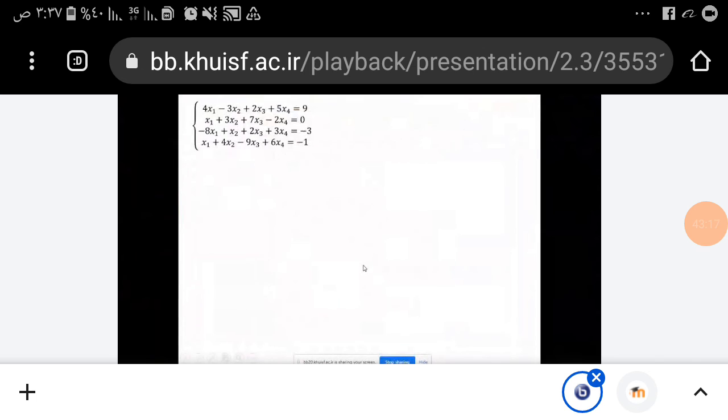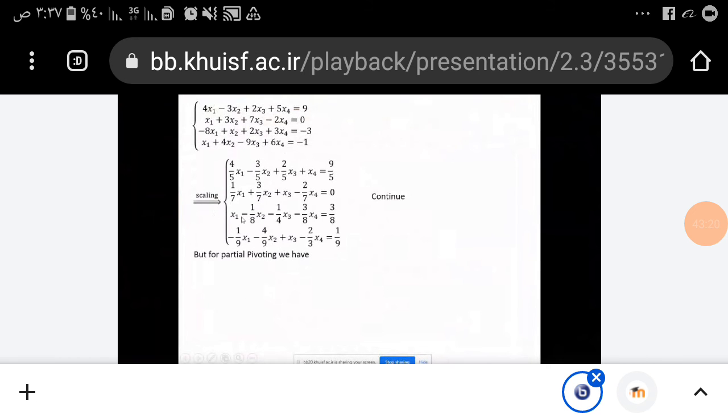Okay, this one method was scaling. I want you to continue. Go and do elementary operations. Go to Gauss elimination for partial pivoting. We use the maximum between 4, 1, minus 8, 1 in the first column.